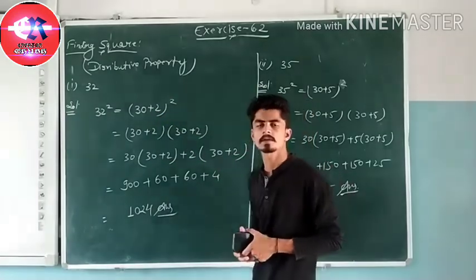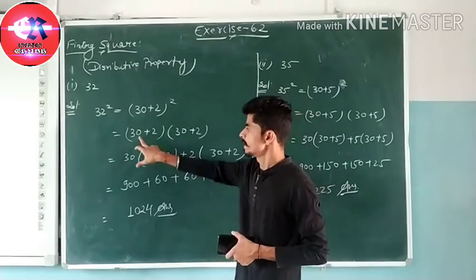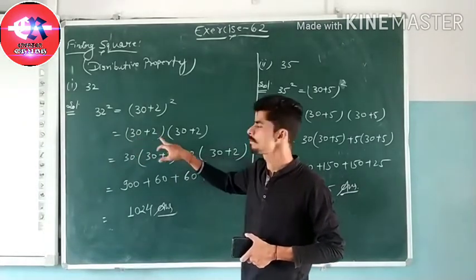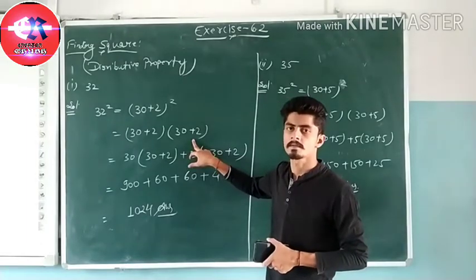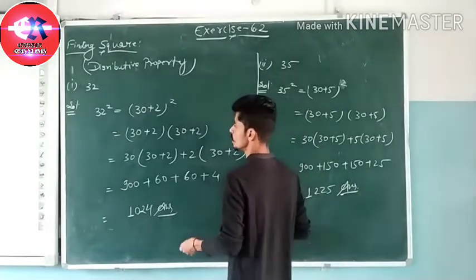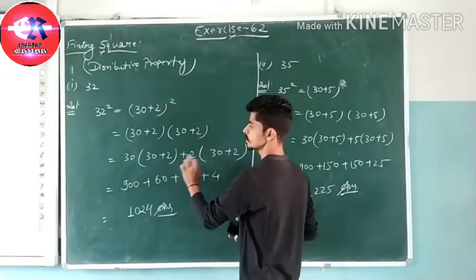Now as we know the distributive property, each term inside the first bracket will be multiplied with each term of the second bracket. So 30 will be multiplied with 30 plus 2, and plus 2 will also be multiplied with 30 plus 2.